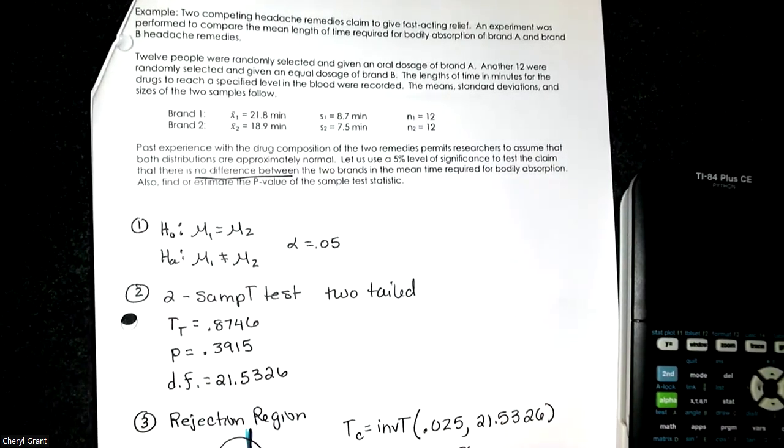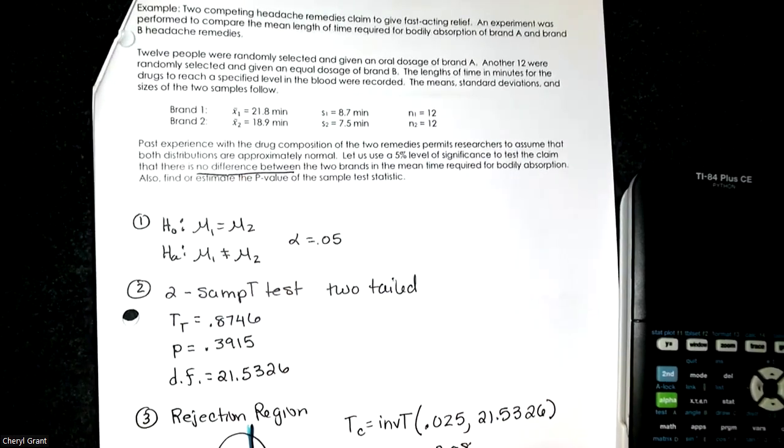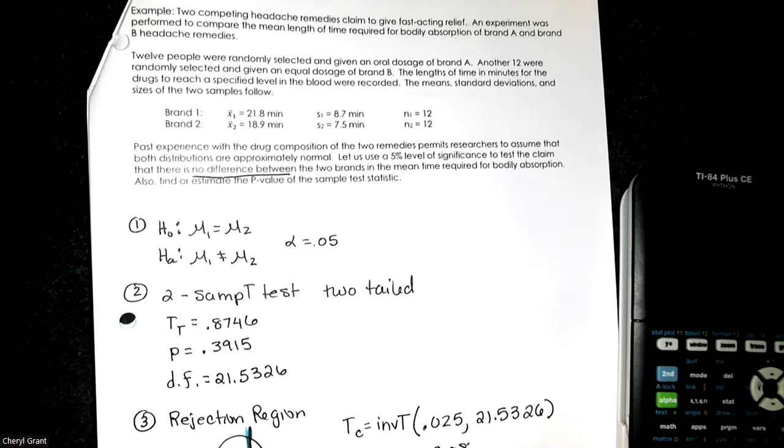We're gonna use a 5% level of significance to test the claim that there is no difference. See how I underlined it here? That's one of the key words we need to look out for. We're checking to see if there's any difference between the brands in the mean time. All right, so we're testing the means between these two.